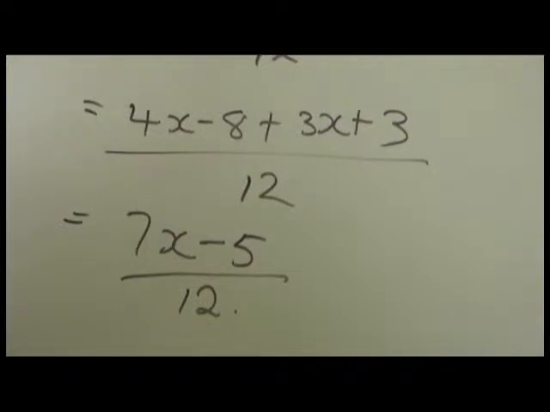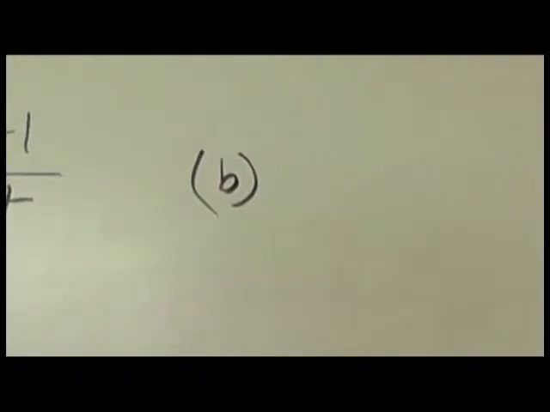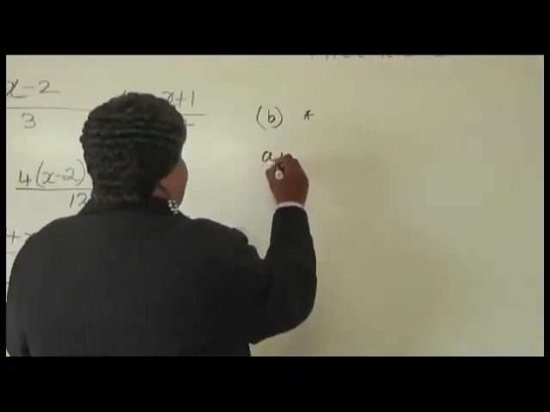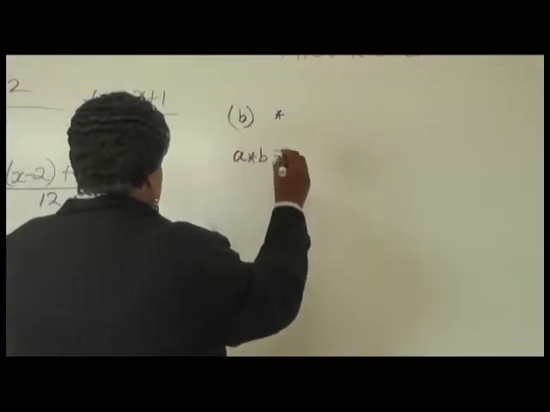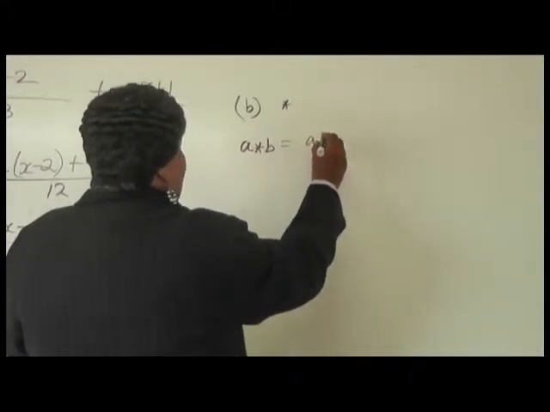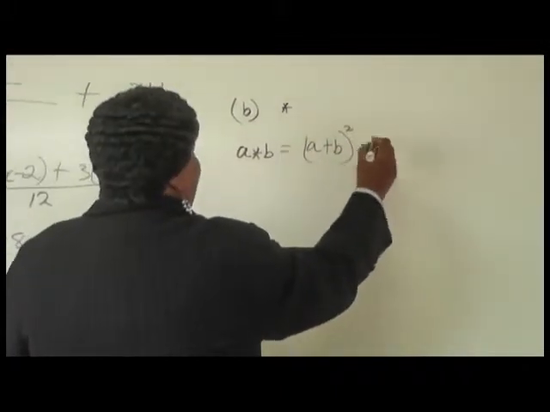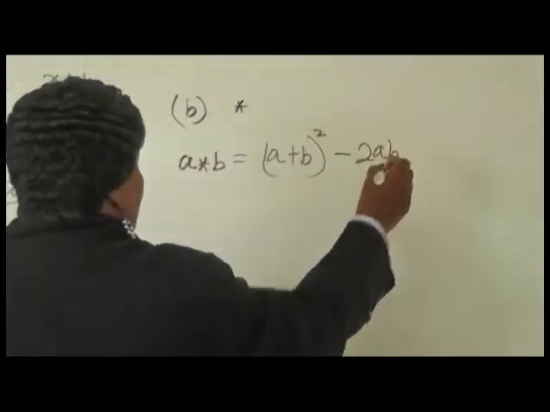Part B now says, the binary operation star is defined by A star B is equal to (A plus B) all squared, minus 2AB. Alright?